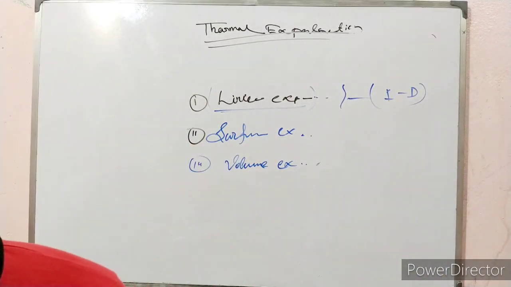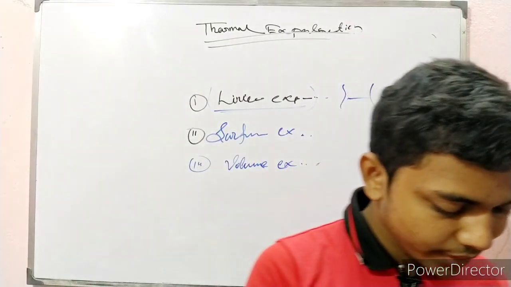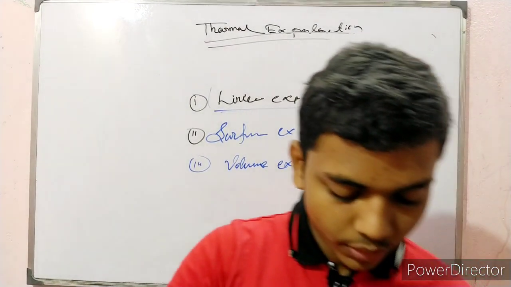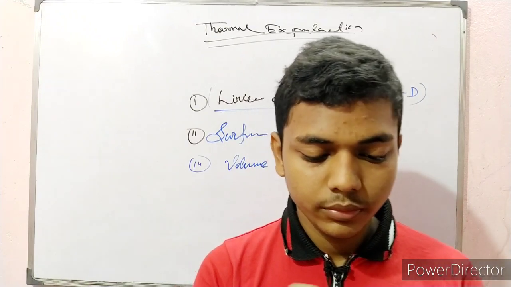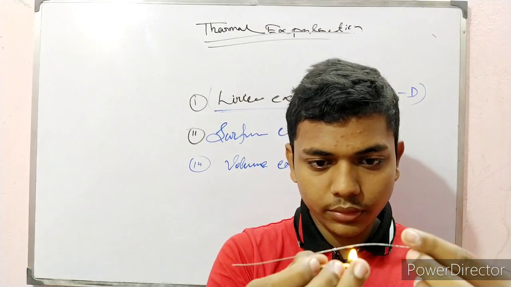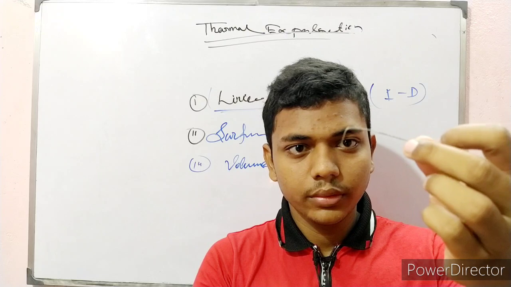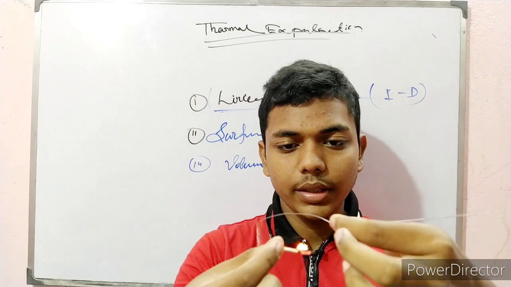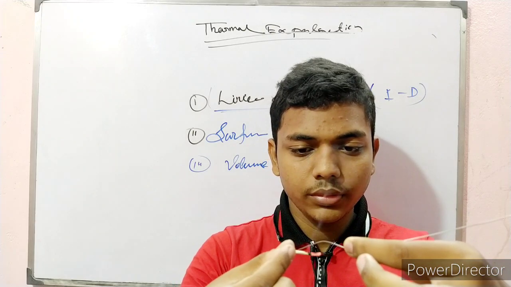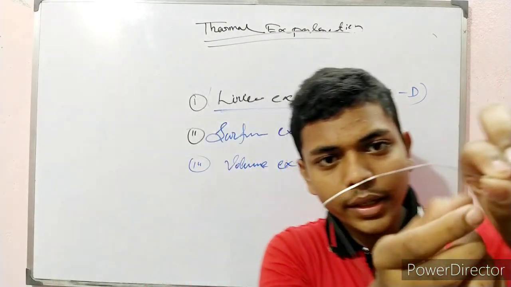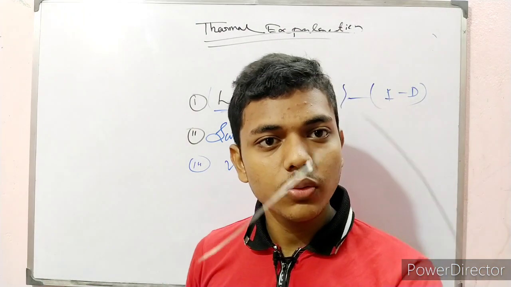Before reading surface expansion, we can see a simple demonstration. I will take this and give it heat. Then it is bent. At first, when I took this, it was fully straight, but now it is bent.